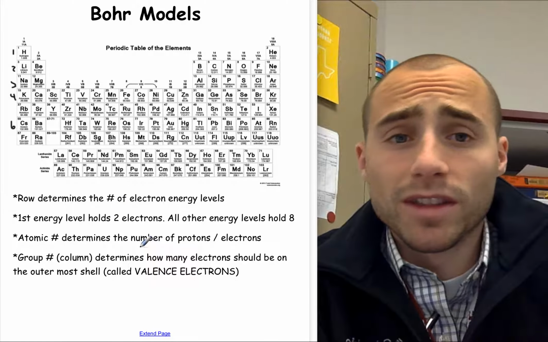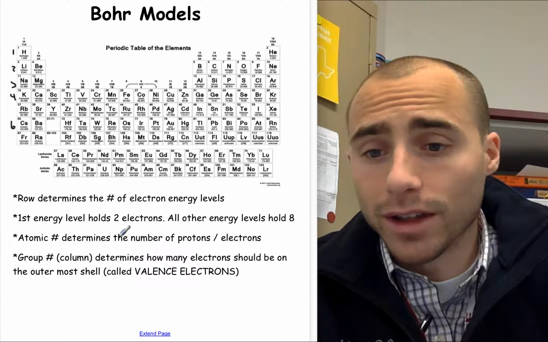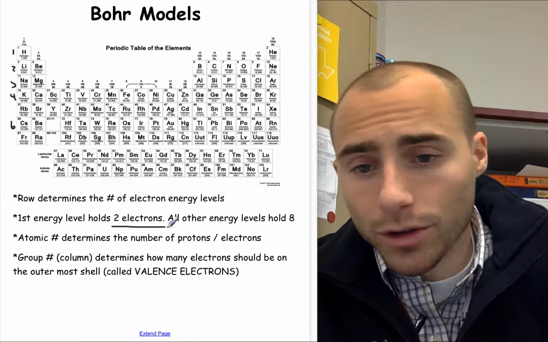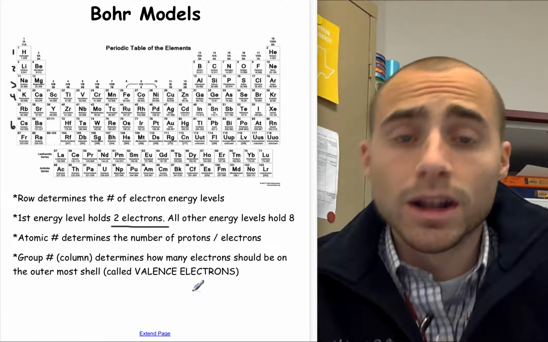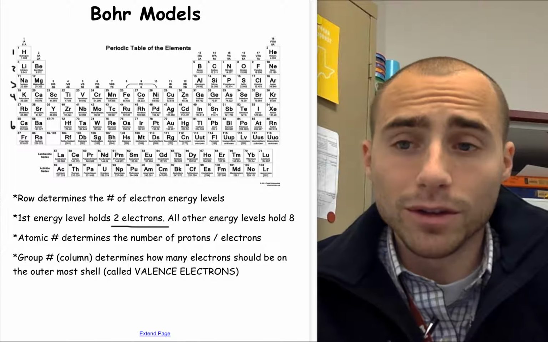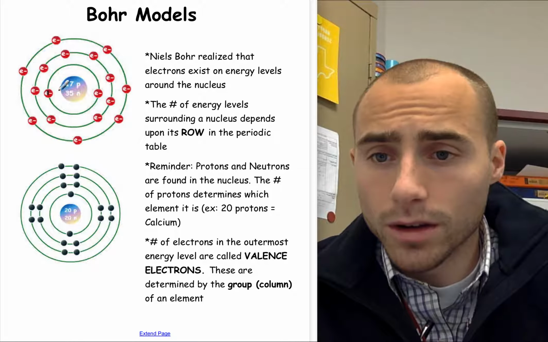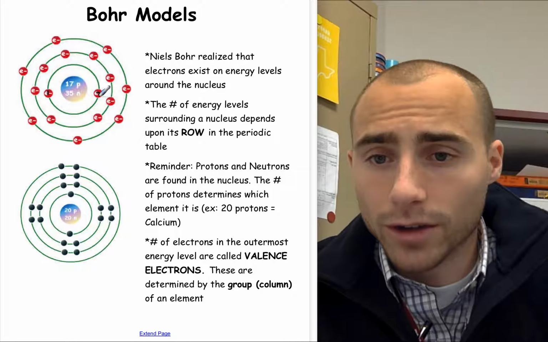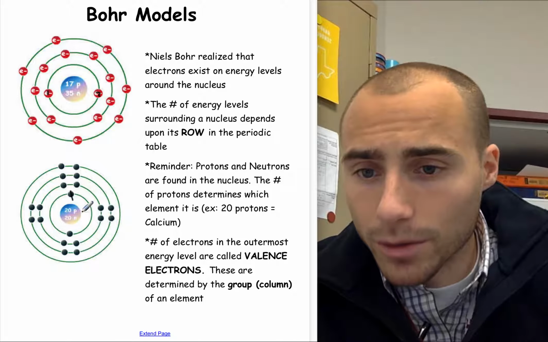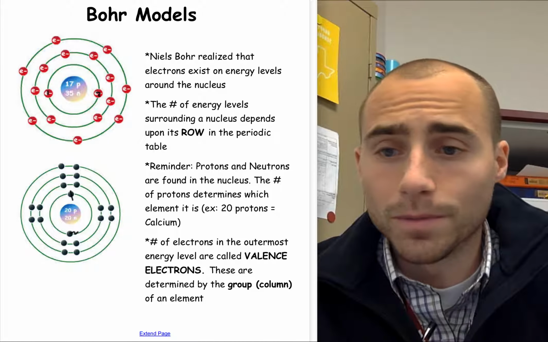The next important thing is how many electrons can actually fit on each energy level. Well, the first energy level around each nucleus can hold 2 electrons. So the highest number of electrons you can put on that first energy level is 2. If we look back at these, chlorine has 2 electrons on its first energy level. Down here, this is calcium, has 2 electrons on its first energy level. You can't ever put more than 2.